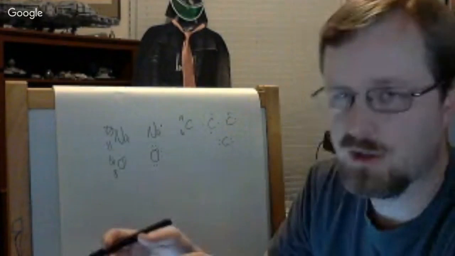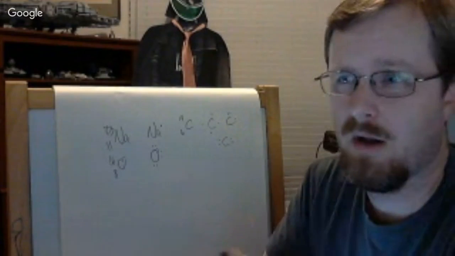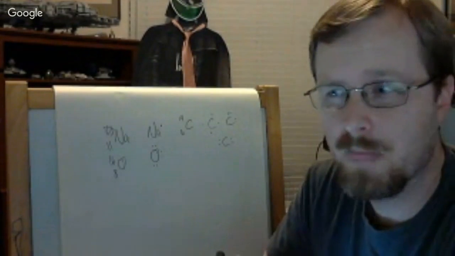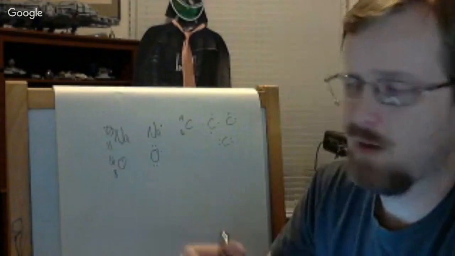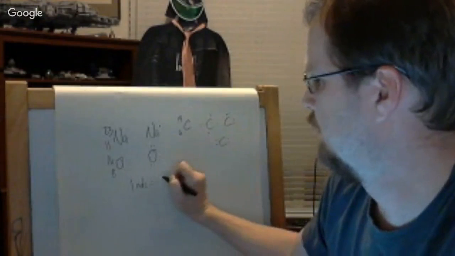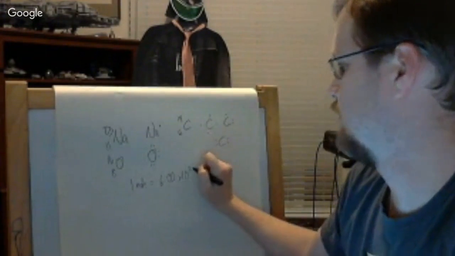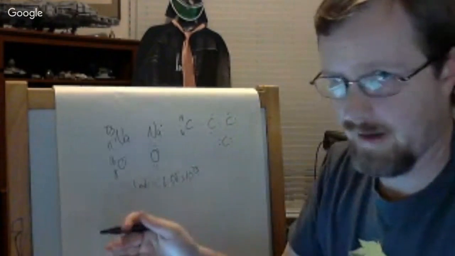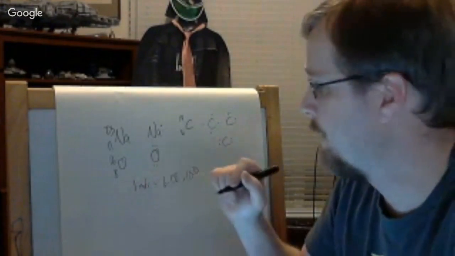You don't have to know too much about what moles are and what we do with them. All you've got to know is that 1 mole is equal to 6.02 times 10 to the 23rd of something. Usually we use them to count atoms and molecules.